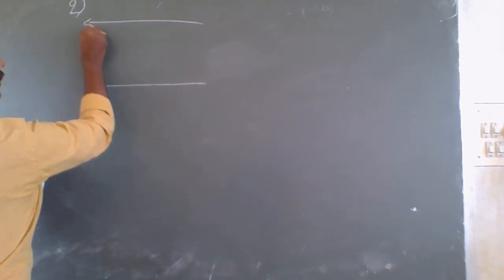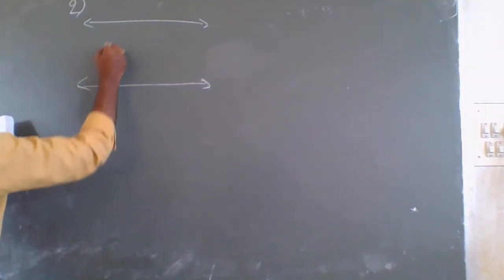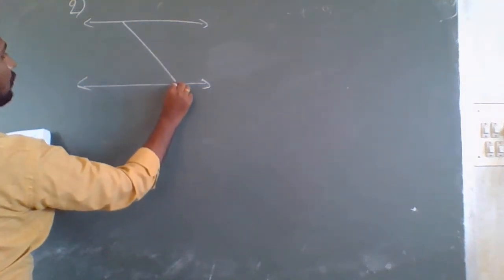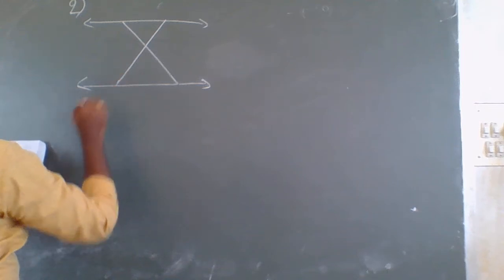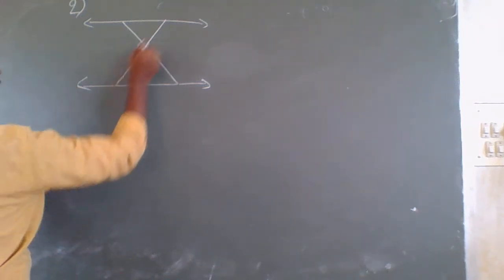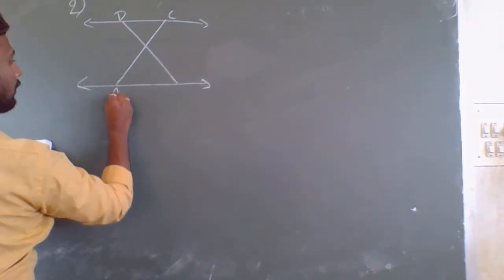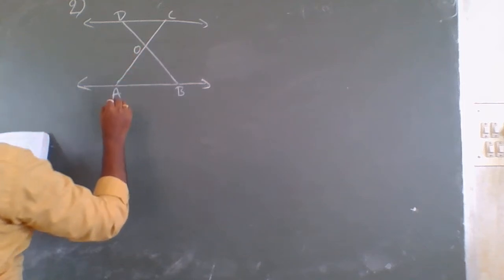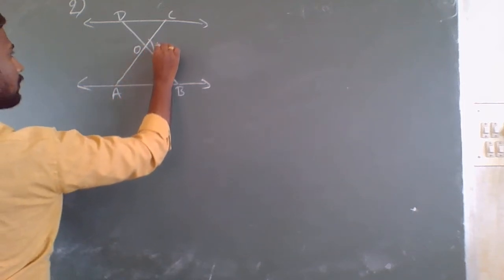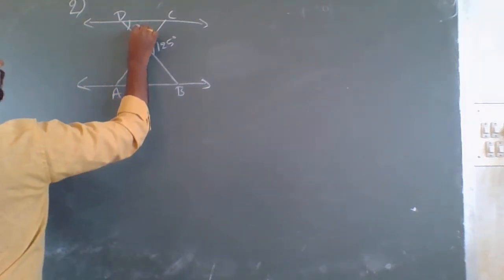There are two parallel lines, and between them two intersecting lines. This is C, D, and this is A, B, this is O, and this is angle 125 degree, and here it is 70 degree.